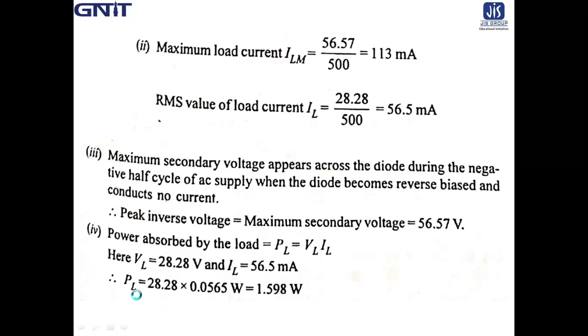Therefore PL is equal to 28.28 into 56 milliampere, so it is multiplied by 10 to the power minus 3. So it is 1.598 watt. So this type of problem usually comes in the semester exam from the rectifier.